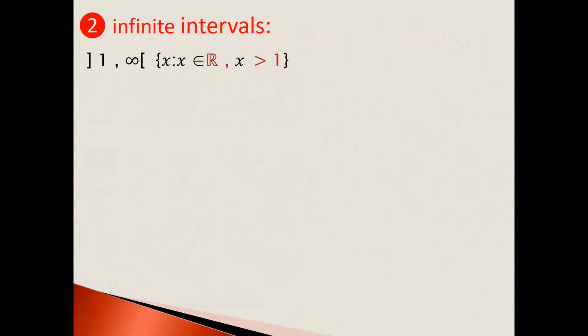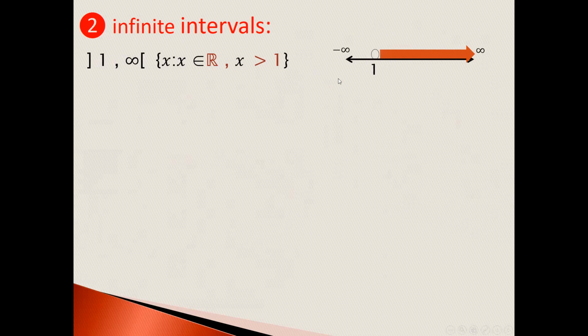I write it as 1 and infinity, with 1 open and infinity open. I must arrange the numbers from smallest to greatest, so I can't write infinity and 1, because 1 is smaller than infinity.